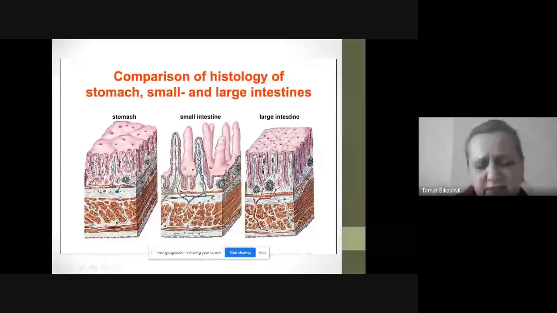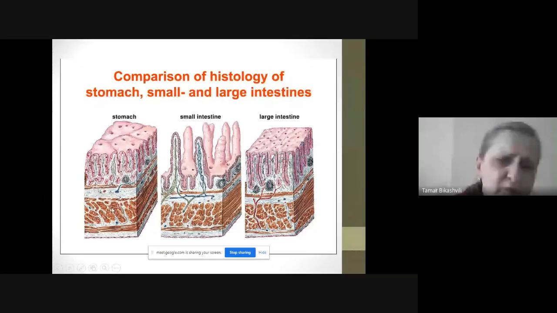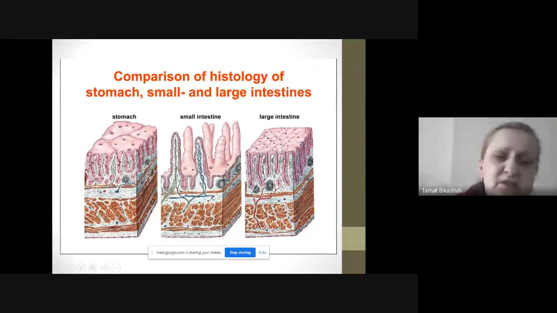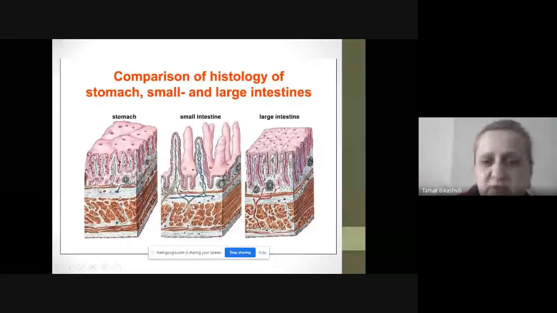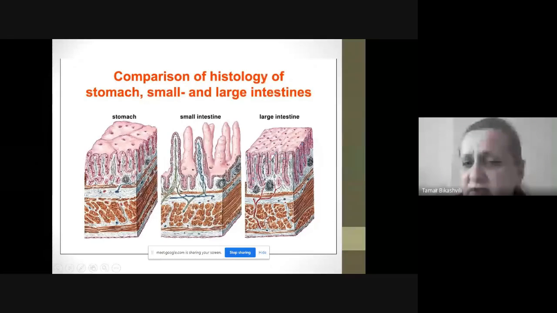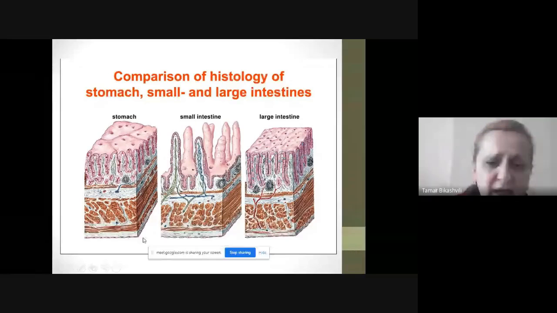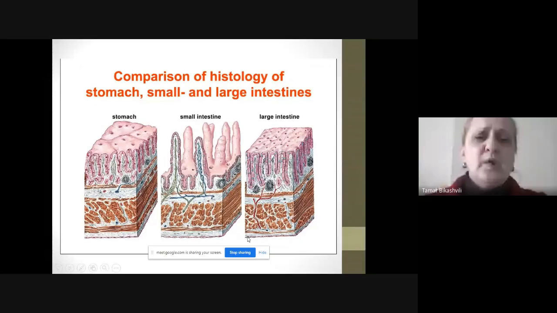The muscularis externa in the stomach is thick because it has three sublayers, the additional one being the oblique sublayer. The small intestine has two sublayers, and the large intestine again has two sublayers, but with the specific Taenia coli, and a thin serosa covers all these parts.